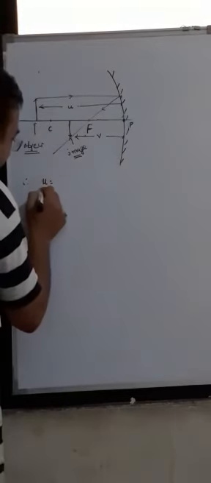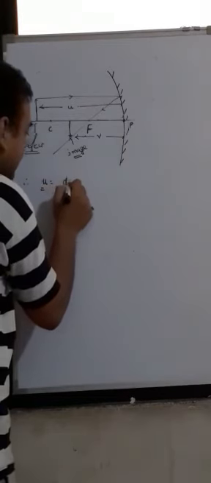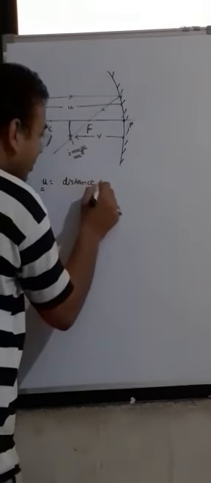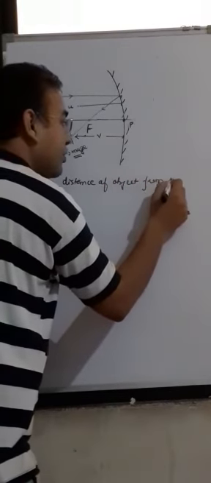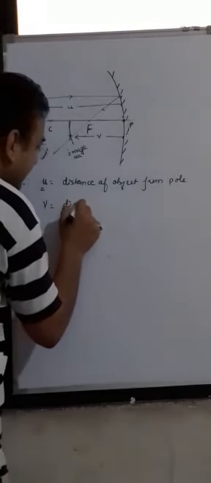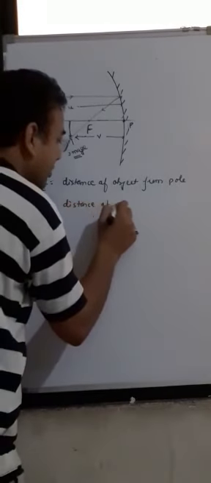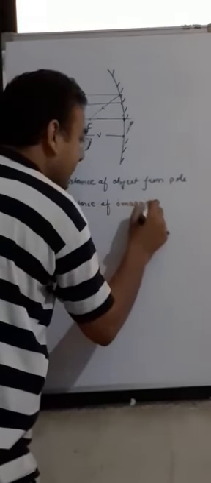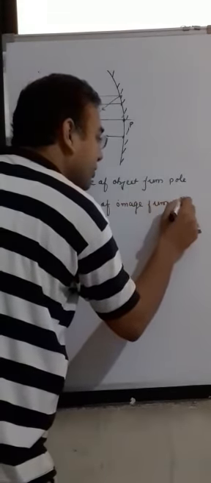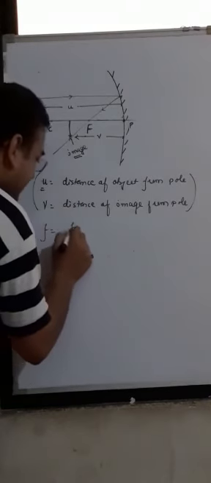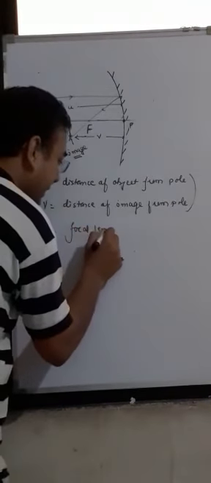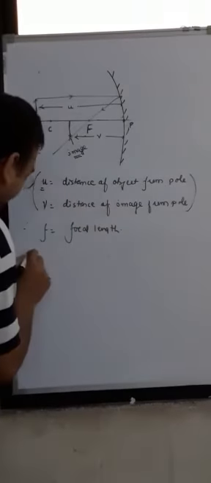So guys, keep in mind, u is the distance of the object from pole and v is the distance of the image from pole. f is the focal length.